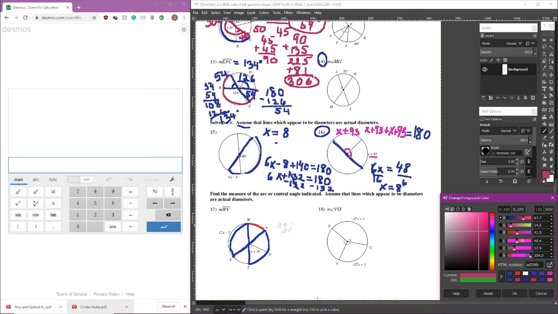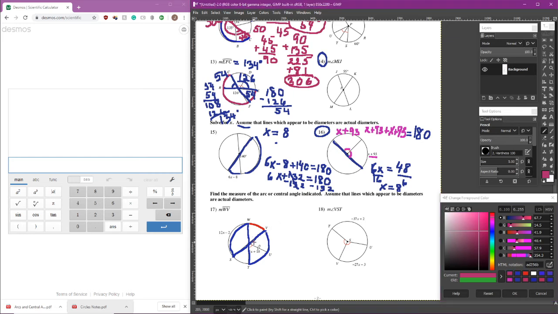We have these little angle markings right here that show us that these two angles that I've just marked will be measuring the same. So if we have 5x plus 10 in the lower angle, the upper angle is also going to be 5x plus 10.